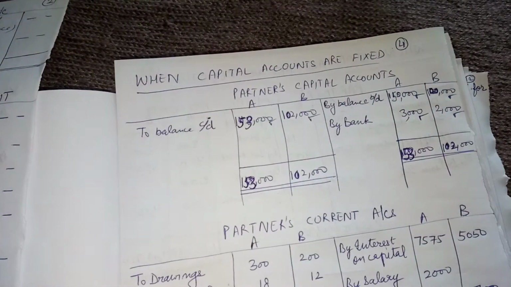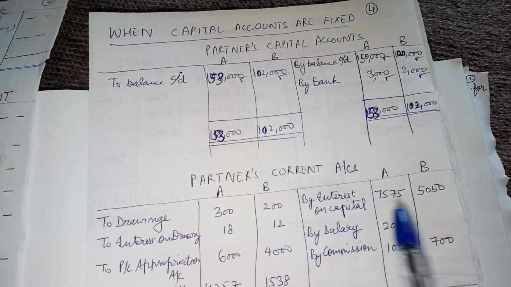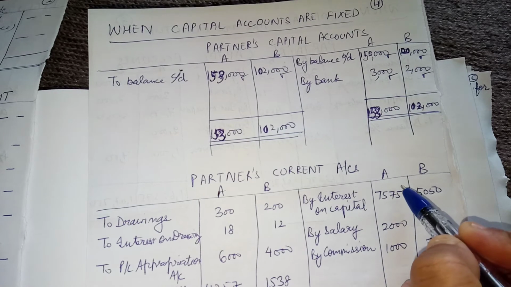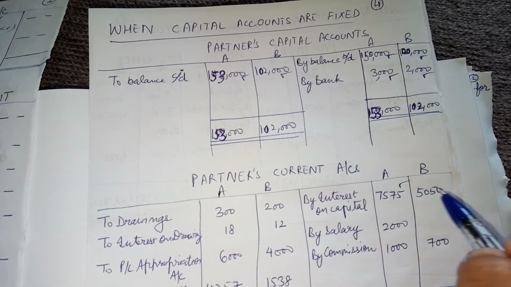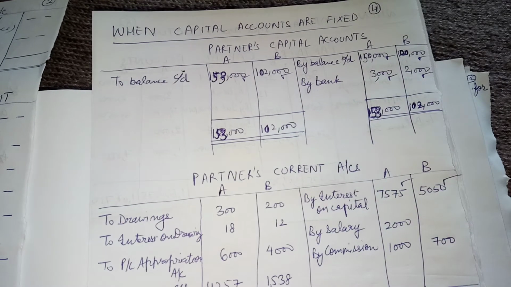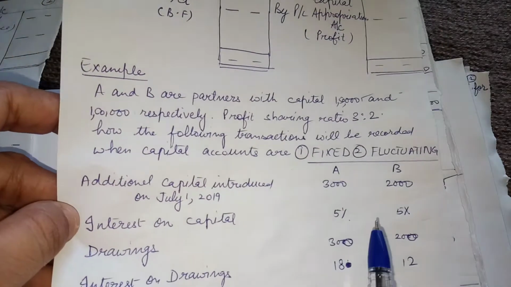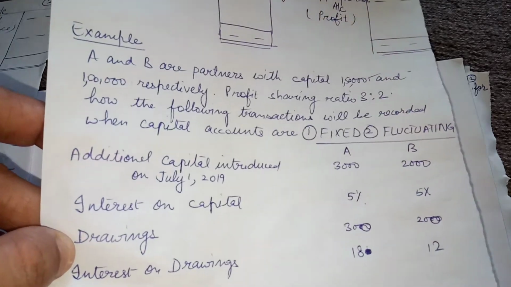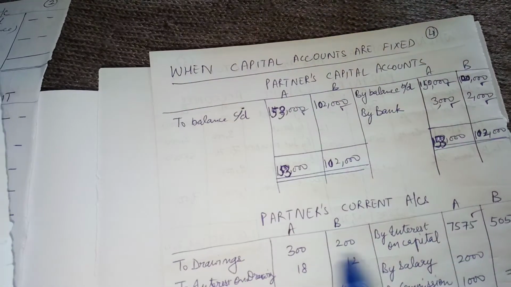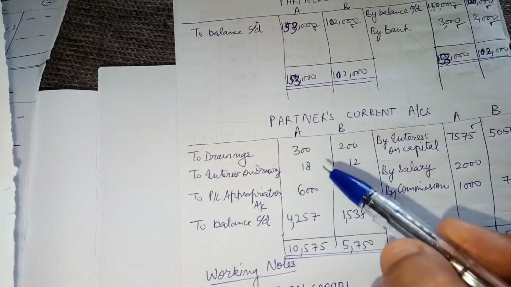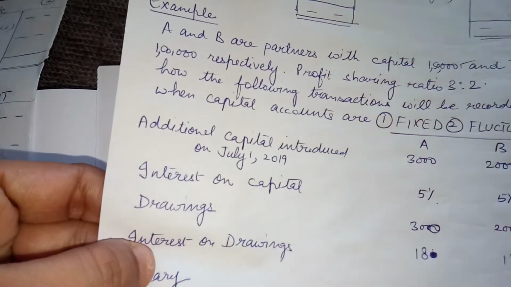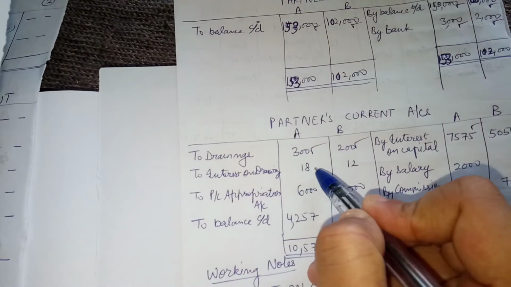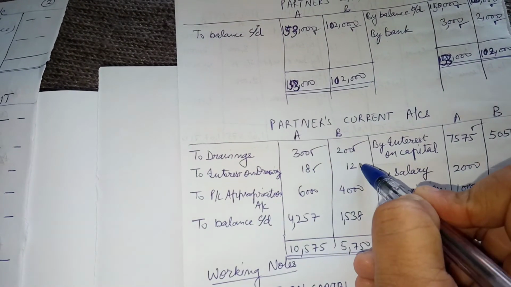Now let us come back to the problem. Interest on capital, as we have seen in the working notes, comes out to be 7,575 for A and 5,050 for B. Then the next is drawings, 300 and 200. The drawings will be entered at this side, 300 and 200. Next item is interest on drawings, 18 rupees and 12.